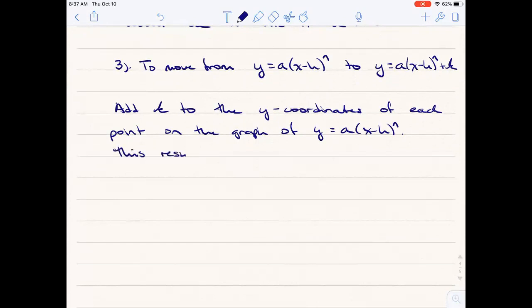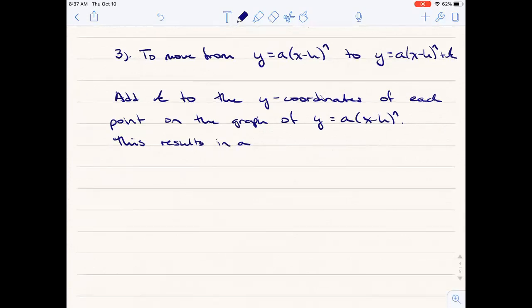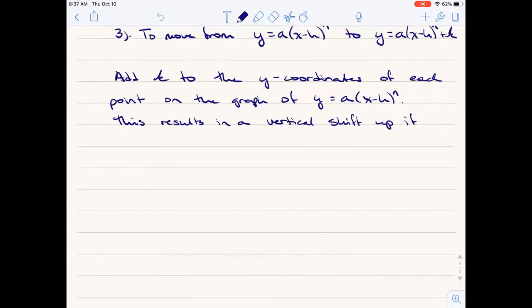This results in a vertical shift up if k is greater than 0. So if k is positive, you move it up, and down if k is less than 0.